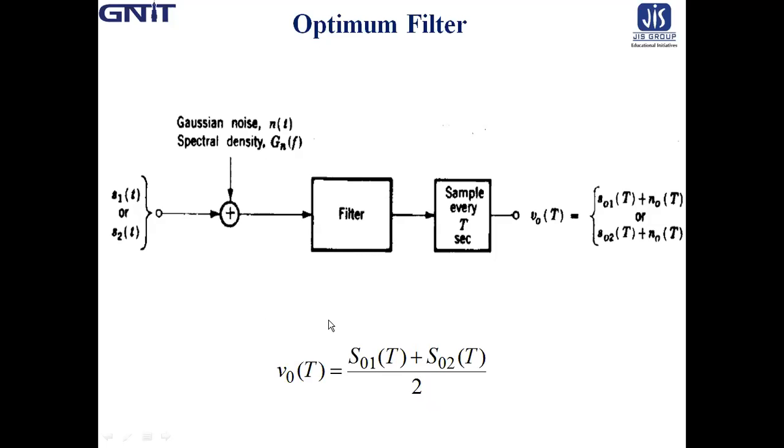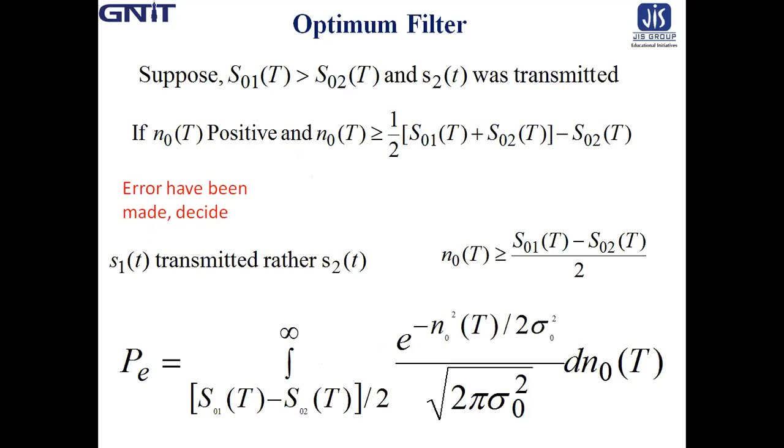Now see when the error occurs. Suppose that S01(T) is greater than S02(T) and S2(t) was actually transmitted.